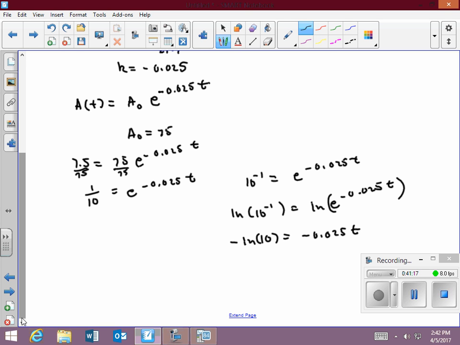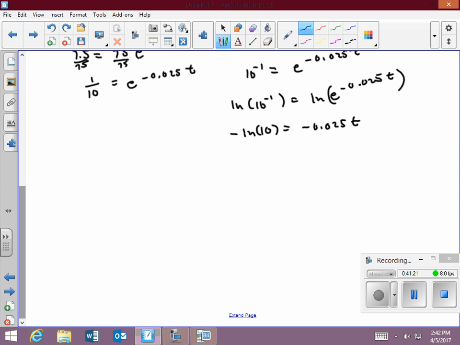Do I have to write that down? No. Okay. Then I'm going to divide: t is going to be a negative ln of 10 over negative 0.025.